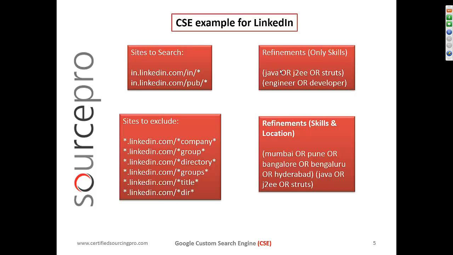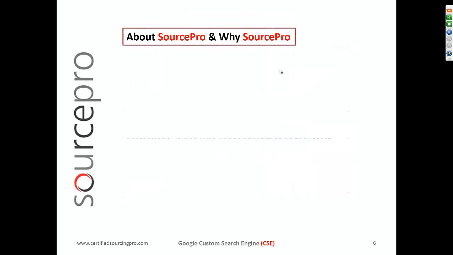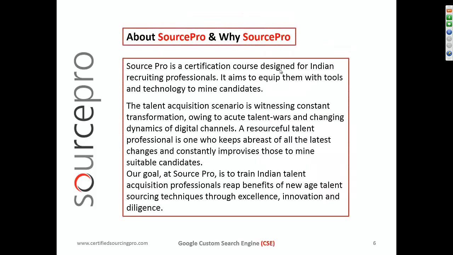So in this way, you can create a lot of search strings based on what kind of requirements you normally get. Now this was just a glimpse of how a custom search engine works, and there's a lot to it.